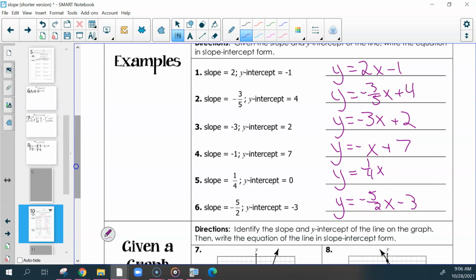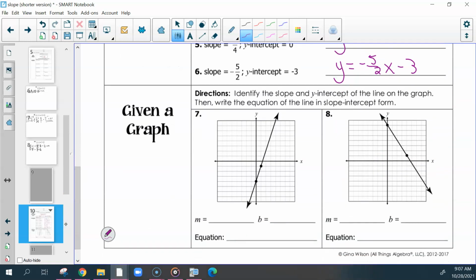When we get into writing equations, that's what that bottom part is really for. Just for practice purposes, we'll find the slope and y-intercept of these graphs and write the equation, but this part will be more for our next unit.